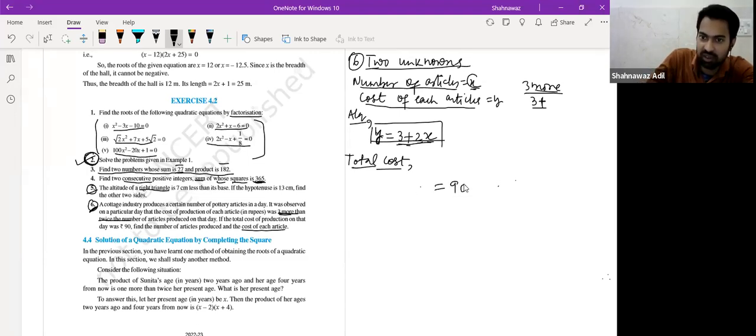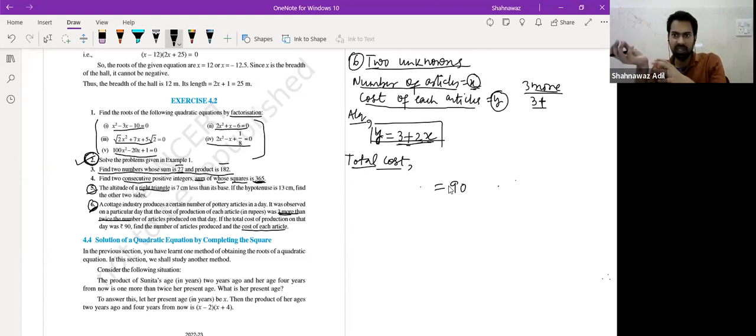Let's say you have 3 bats and one bat price is 20. What would be the total cost? 3 into 20. So the number of articles is X and cost of each article is Y, then what would be the total cost?